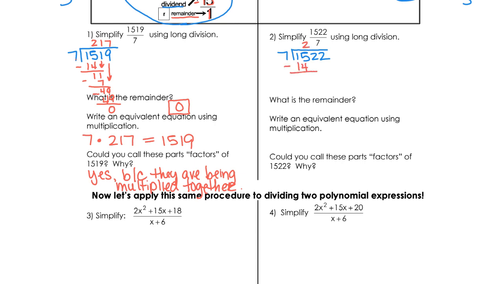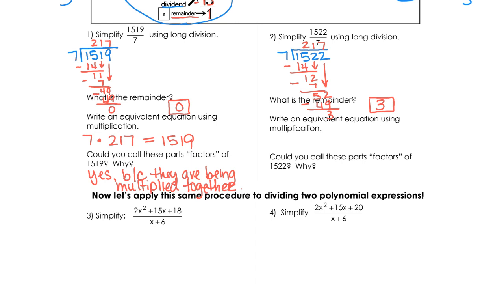All right, and so we subtract, we get 1, we bring down our 2, 7 goes into 12 once, 1 times 7 is 7, so we have leftover of 5, we bring down the 2, 7 goes into 52 at most 7 times, 7 times 7 is 49, and when we subtract, we end up with a 3. There's nothing else left to pull down, and so therefore our remainder is 3.